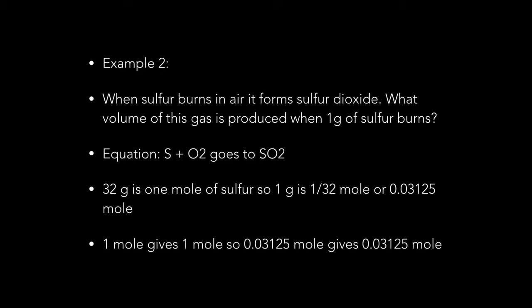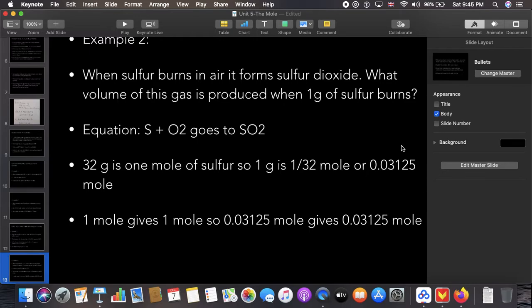So in here, you have to think of this number here to be 1, because it is 1 gram here. So this is 1 mole. So 1 mole gives 1 mole. So basically, it means 0.03125 mole of sulfur gives 0.03125 mole of sulfur dioxide. That's the same as well.